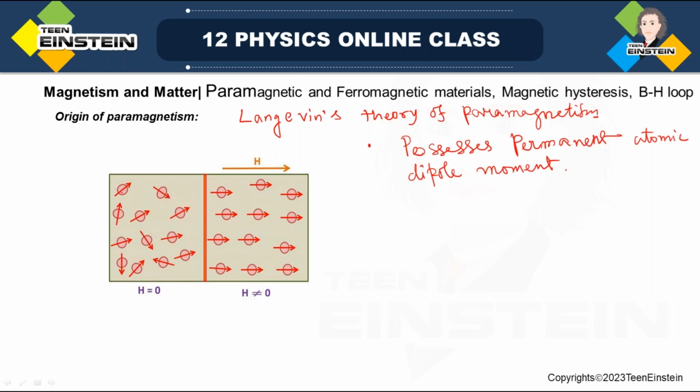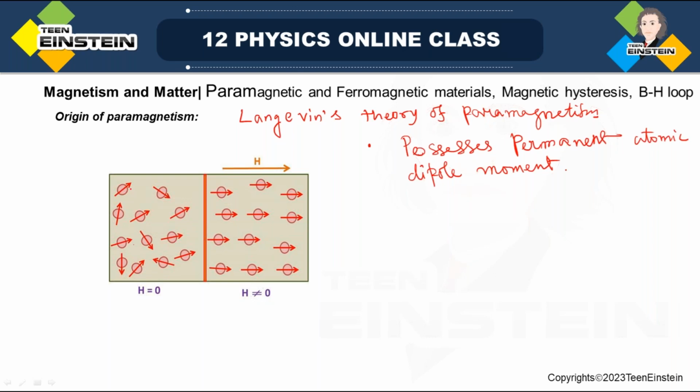See here, these are atomic dipoles. These are all different atoms, and each atom has a net dipole moment. The red arrow is the net dipole moment. These are called atomic dipole moments.